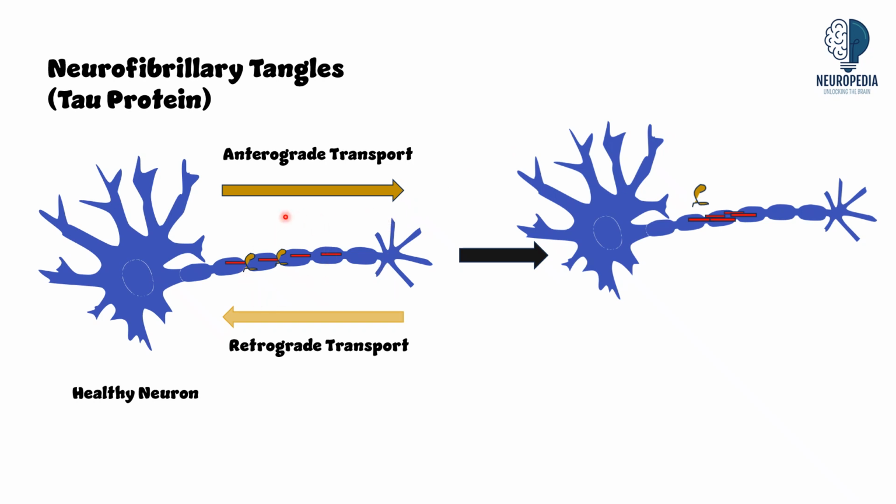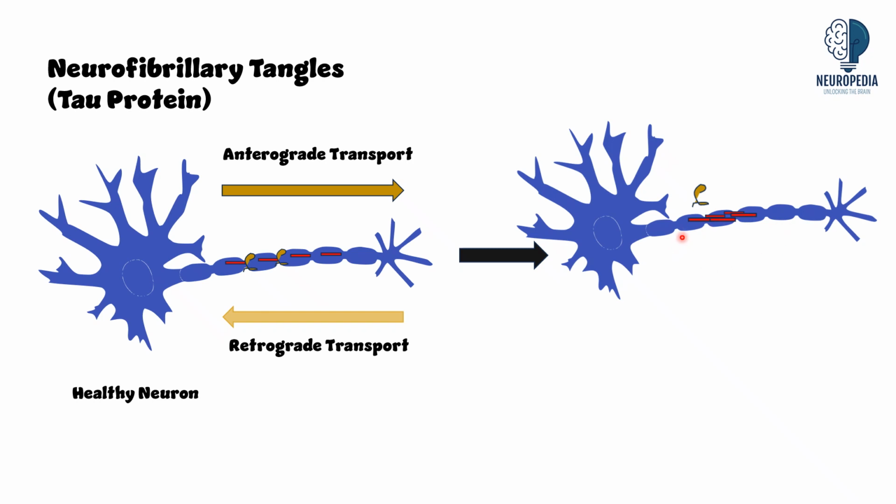Once the tau protein gets hyperphosphorylated, it detaches from the microtubules, and here you can see they begin to aggregate inside the cell to form neurofibrillary tangles.